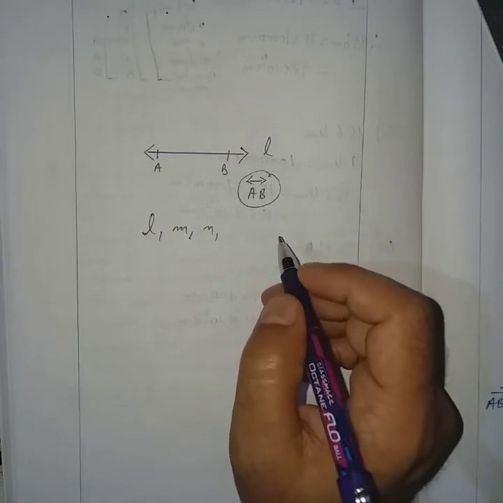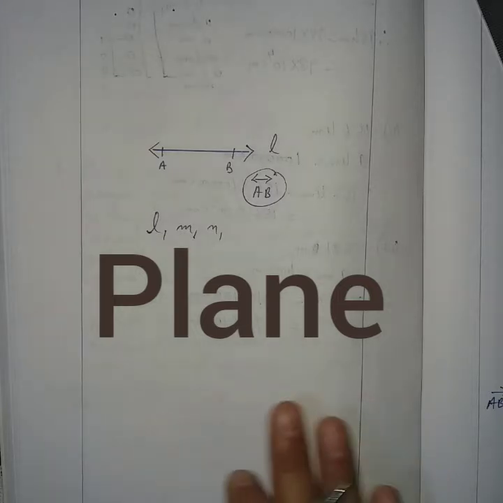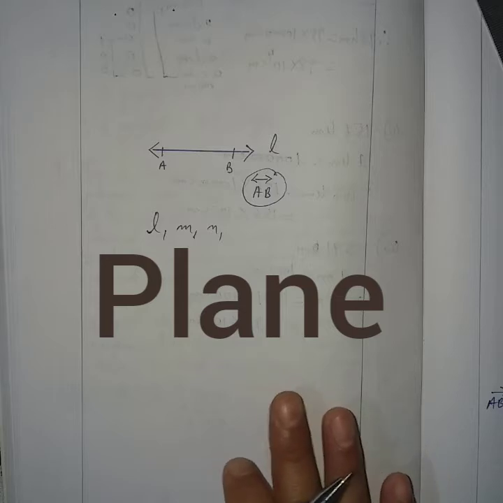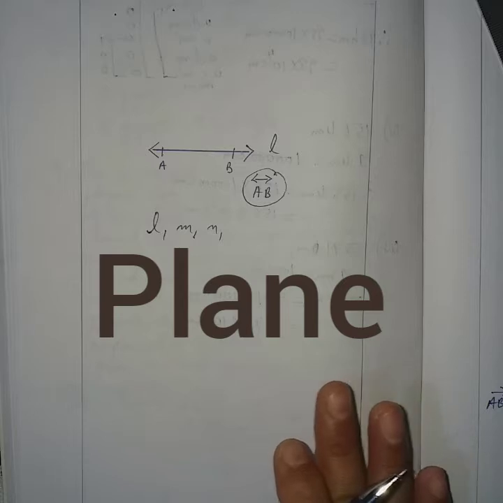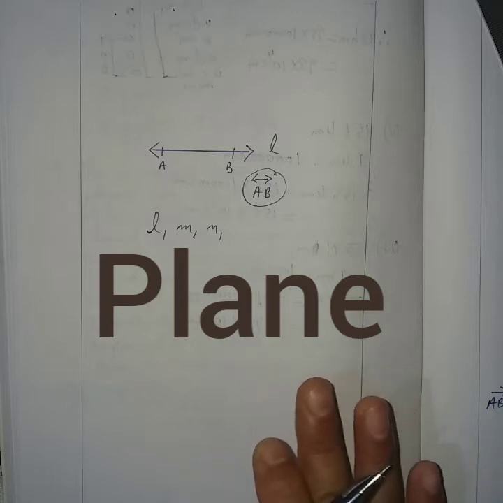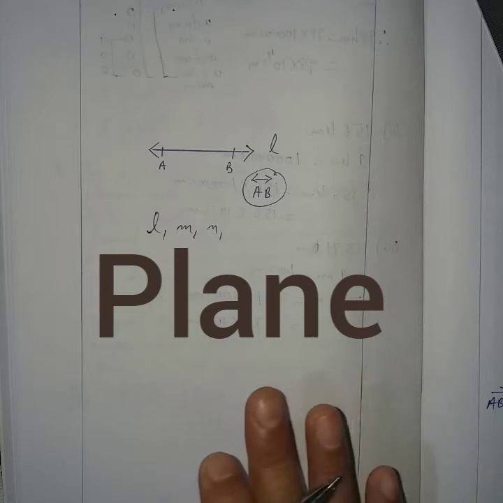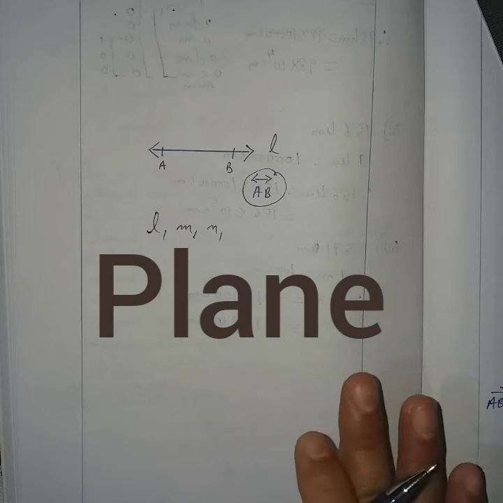Now next is plane. A plane, like a tabletop. Okay, you have seen table, and the top of the table is the plane. You have seen blackboard, the surface of the blackboard, the face of the blackboard is a plane. And walls you have seen, the face of the walls are the planes.